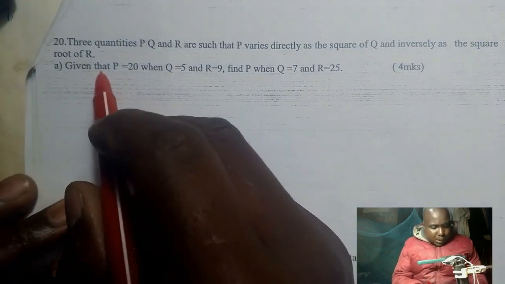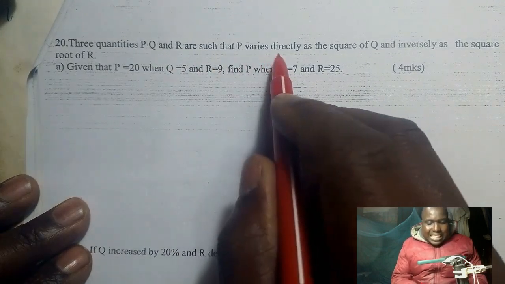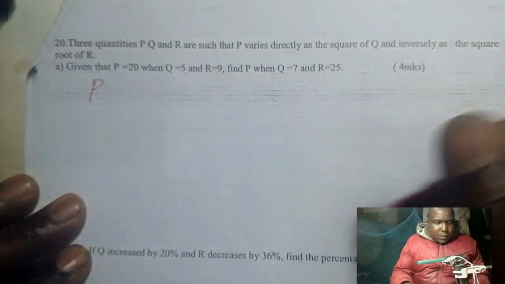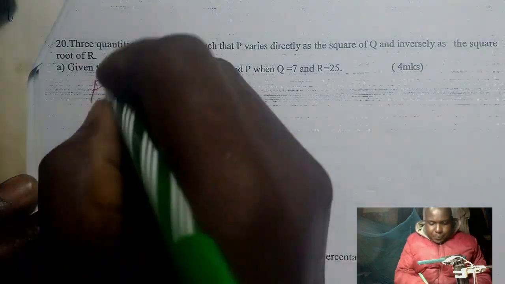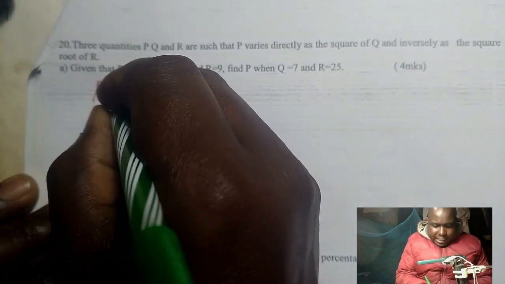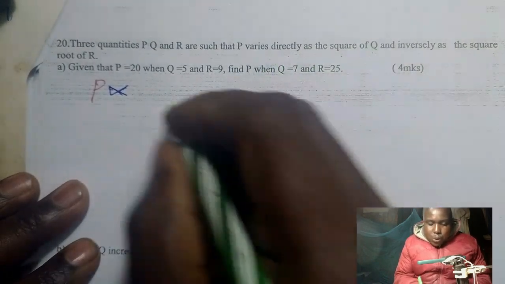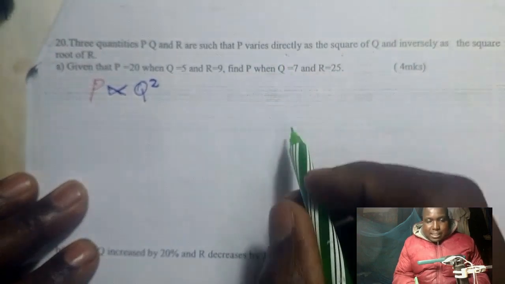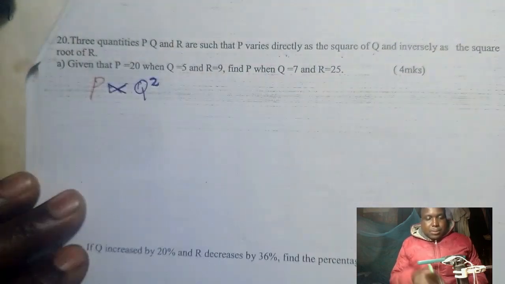So three quantities P, Q, R are such that P varies directly. So if P varies directly as the square of Q, then that is Q squared, because that is the direct variation.